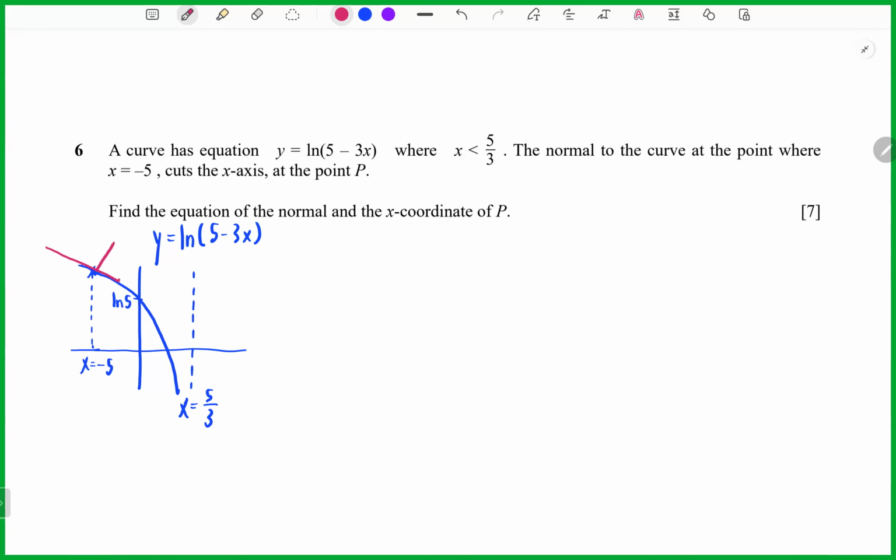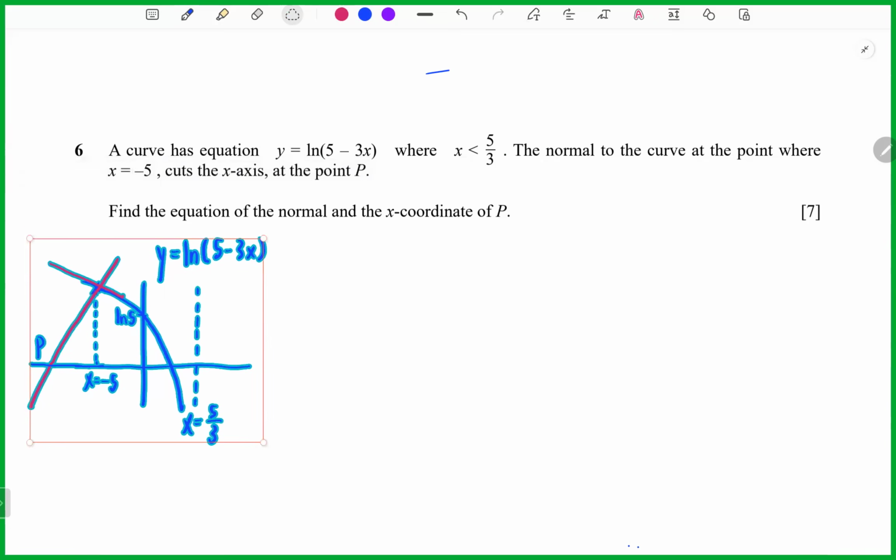This is your normal. It cuts the x-axis. This is your point P. So you need to find the equation of the normal and at the same time find the coordinates of P.